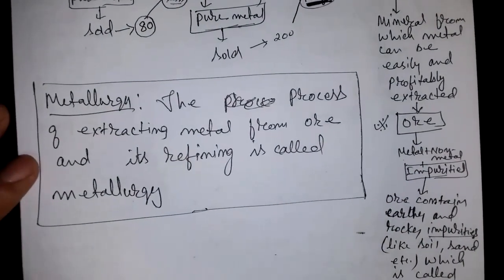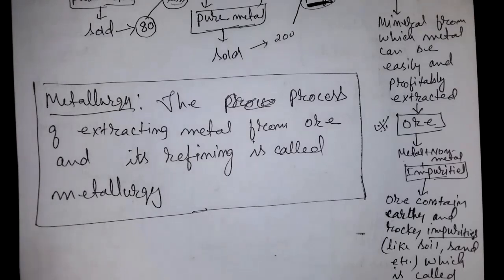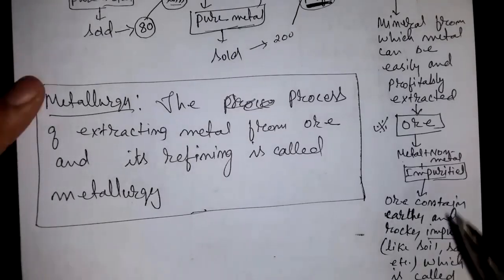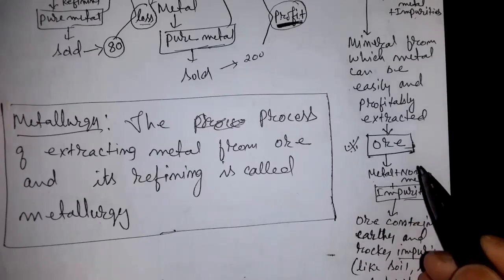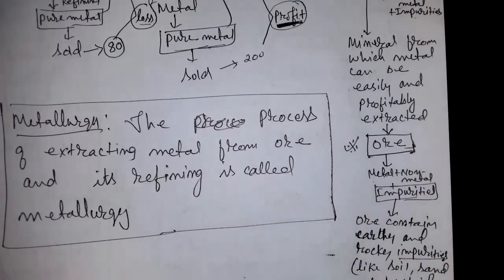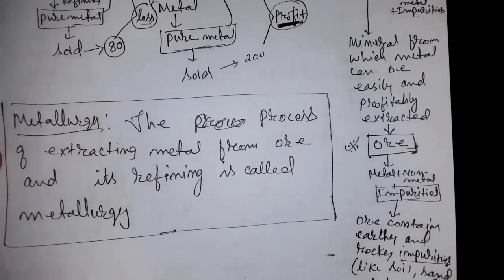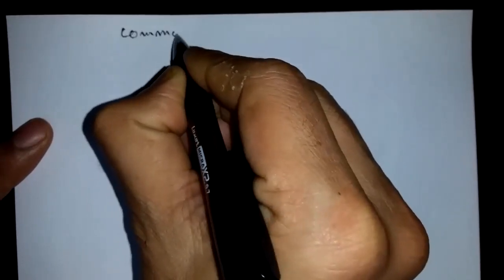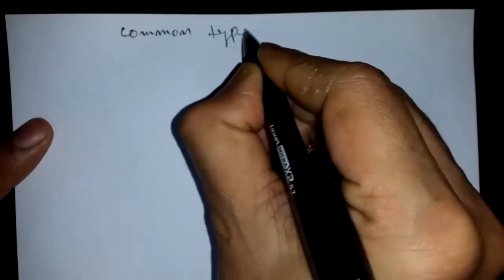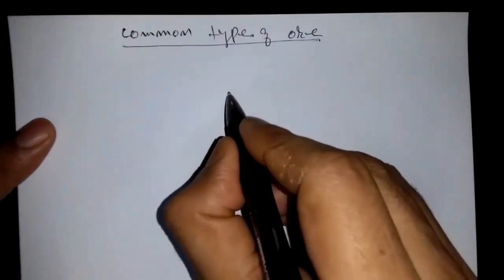Okay, after this we'll look at the steps in metallurgy, but before we discuss the steps, we have to discuss some different types of ore. We are not going to discuss all the different types of ore, only some common types, what they mean and which terms are used with ore.